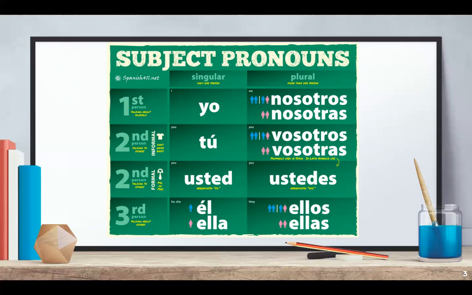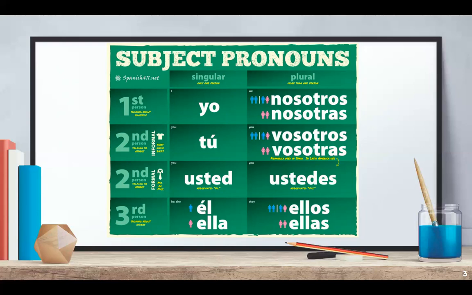So that's not a hard and fast rule. In the plural forms of the second person, in Spain, for informal situations, they use vosotros or vosotras. However, in Latin America, we only use ustedes. There is no second person informal. Ustedes is used for all when you're directly addressing groups.